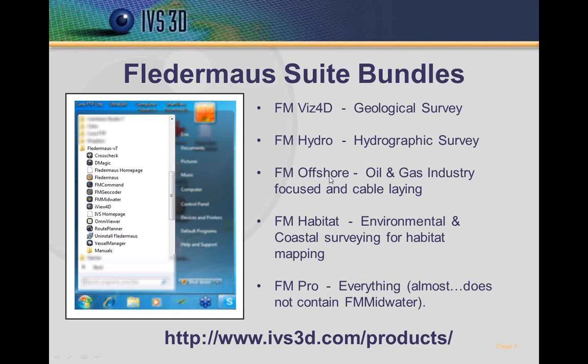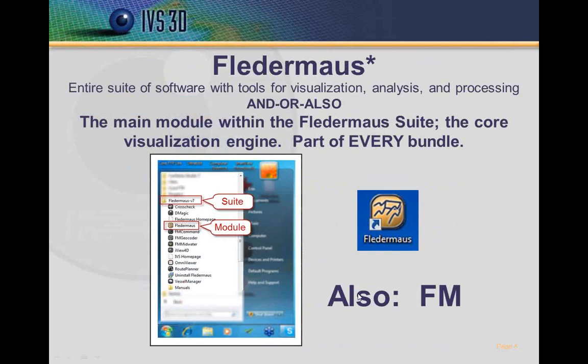FM Offshore adds the option to do route planning. FM Habitat has the geocoder backscatter processing, and FM Pro will have everything with the exception of FM Midwater. FM Midwater is our new water column processing module, and that's an option no matter what bundle you have. So that's always an add-on. It doesn't come included in anything.